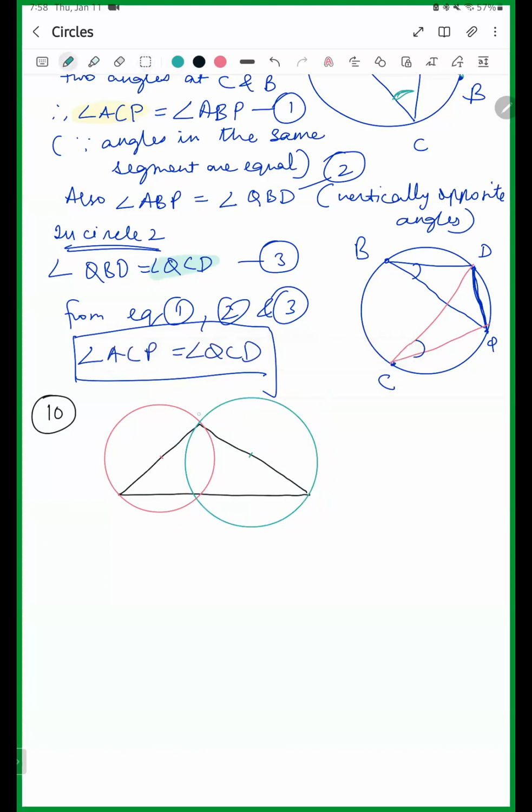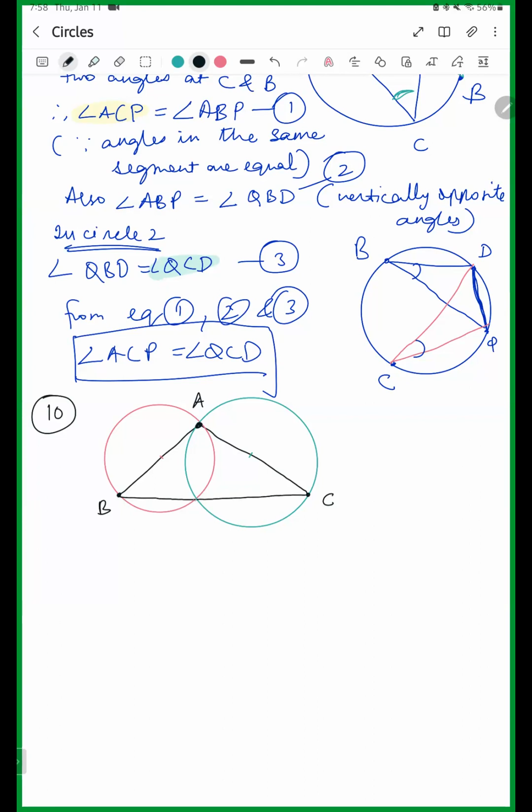So this is the point, let's say A. This point, let's call it B. This point, let's call it C. Fine.